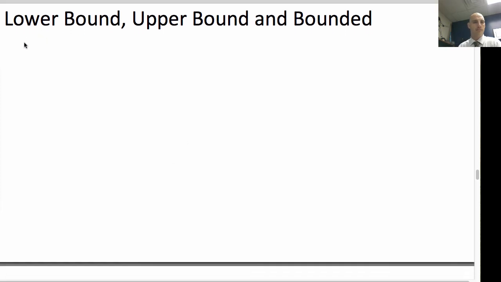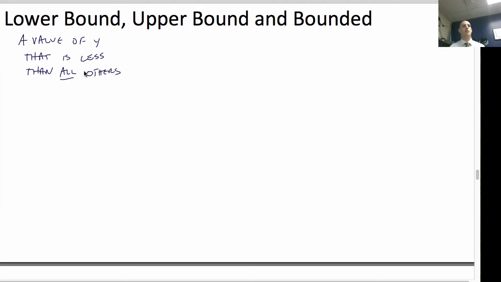So lower bound: a value of y that is less than all others in the graph of f of x equals y.